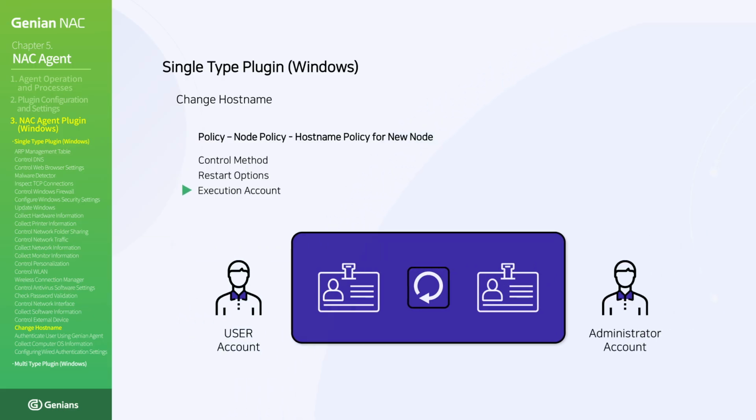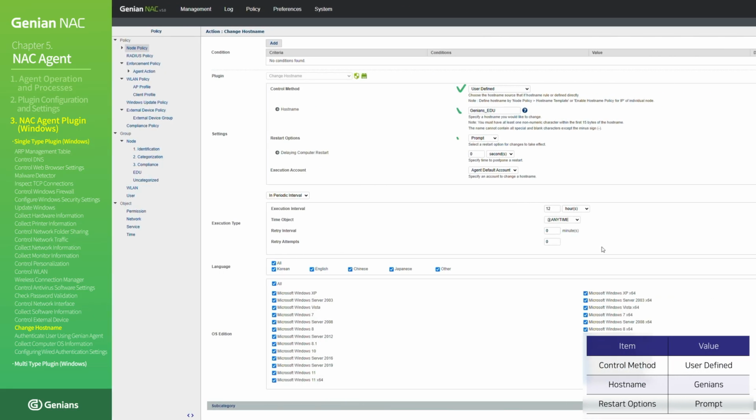If there is a system related to AD or device OS permissions, system settings cannot be changed using the logon user account. In such cases, you can specify an account with higher privileges to change system settings by using the execution account configuration. To change the host name of the endpoint using the Change Hostname node action, the following settings are required.